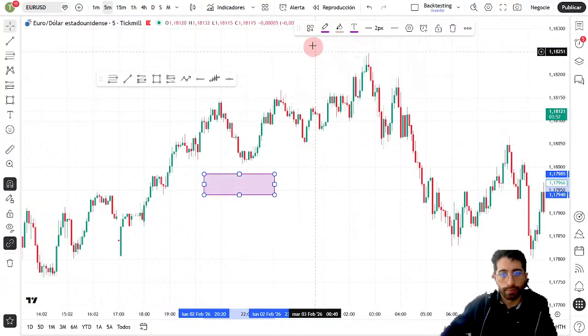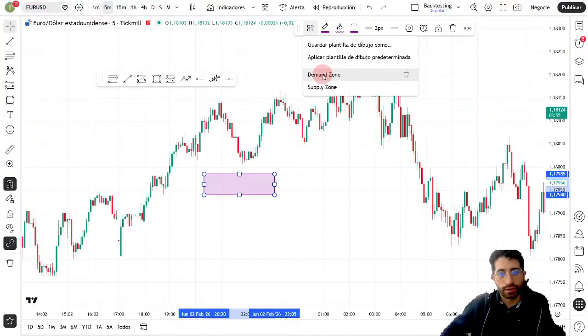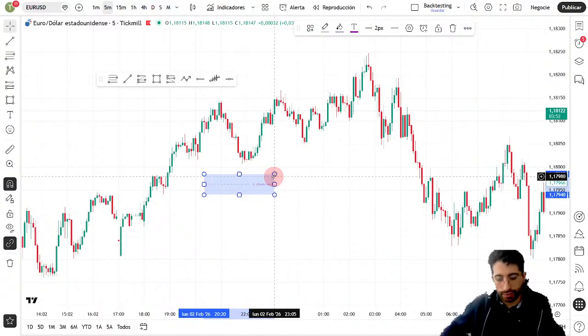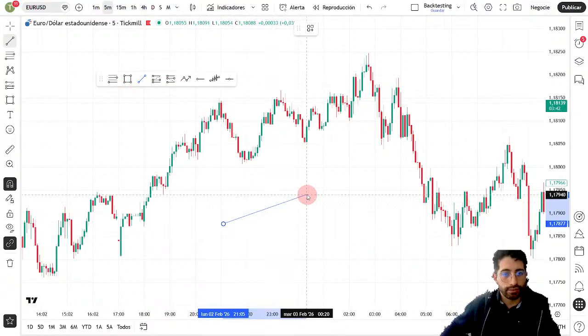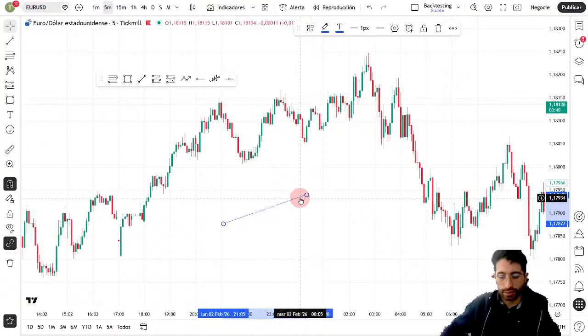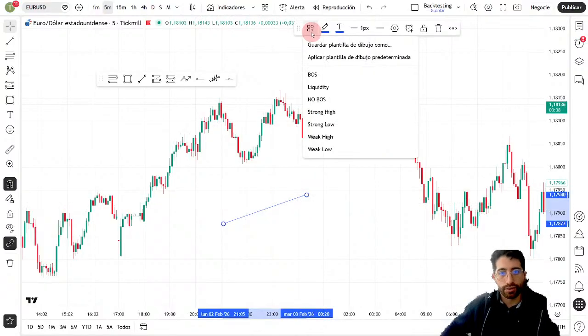Then I use a rectangle, easy, red color for supply zones, and blue color for the demand zones. Perfect. Of course, buy and sell indicators, definitely. Then trend line, normal trend line, and I have made different selections from the edge.